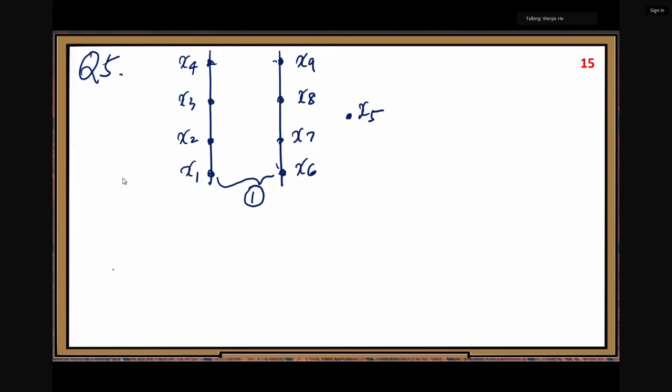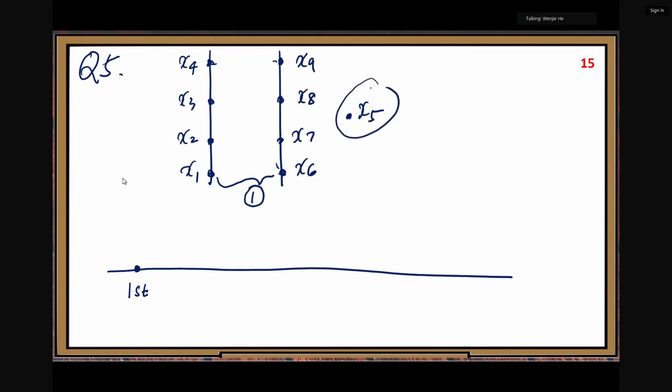Let me draw our destination. So with the first comparison, we get the smallest element in that 8-element subarray. x5 we need to work on later.